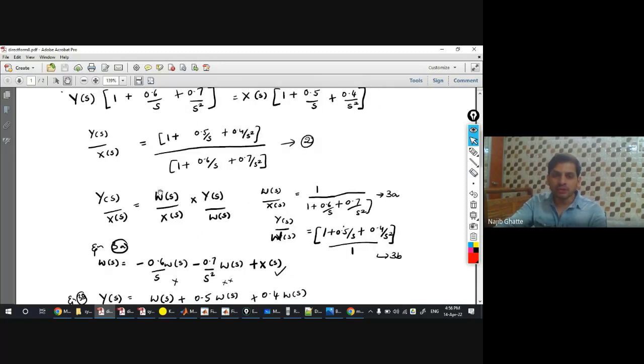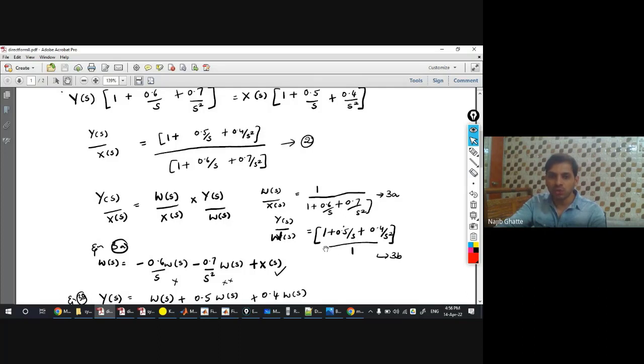Now I introduce an intermediate variable w, wherein y by x is w by x into y by w. So I can say that w upon x is 1 upon 1 plus 0.6 upon s plus 0.7 upon s square, and similarly y upon w is basically 1 plus 0.5 upon s plus 0.4 upon s square divided by 1.